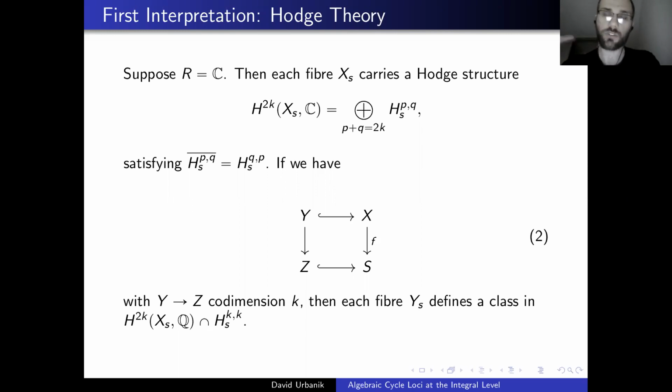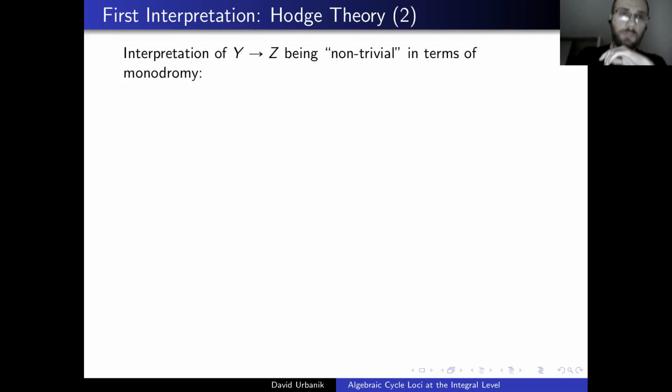And the Hodge conjecture, this famous problem, predicts that all rational classes in the middle piece come from algebraic cycles in this way. So that's one way we can understand cohomologically what these families of algebraic cycles are giving us. And then to give an interpretation of what I mean for such a family to be non-trivial, I can then use monodromy.